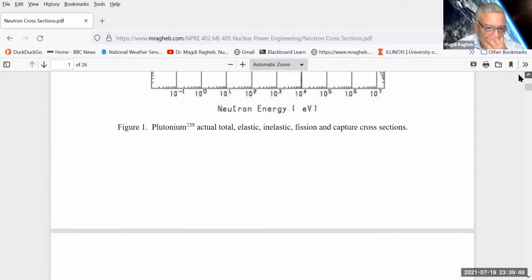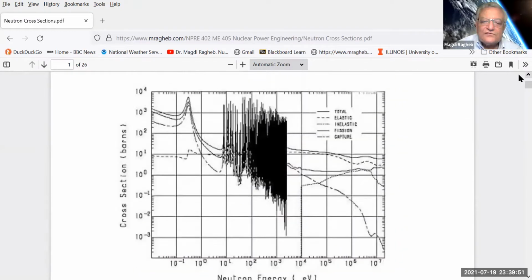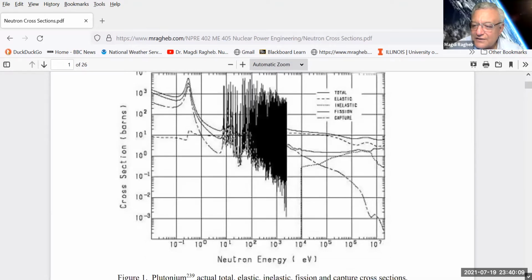Depending on the nucleus that is of interest to us, you'll find that the cross-sections have different behavior. You could see here for plutonium-239, an odd-numbered isotope, the cross-section goes up higher the lower the energy of the neutron. So that's why we moderate the energy of the neutron to achieve a critical configuration.